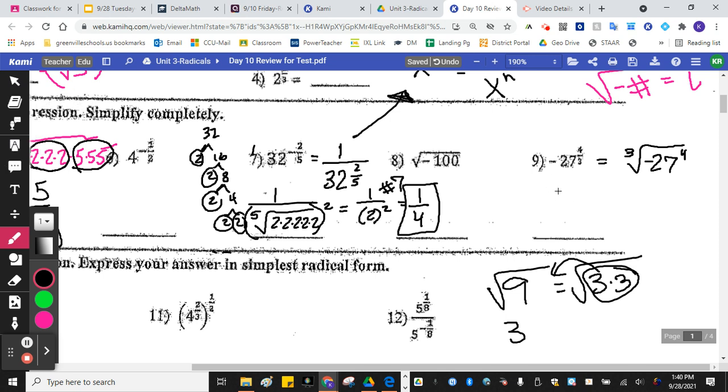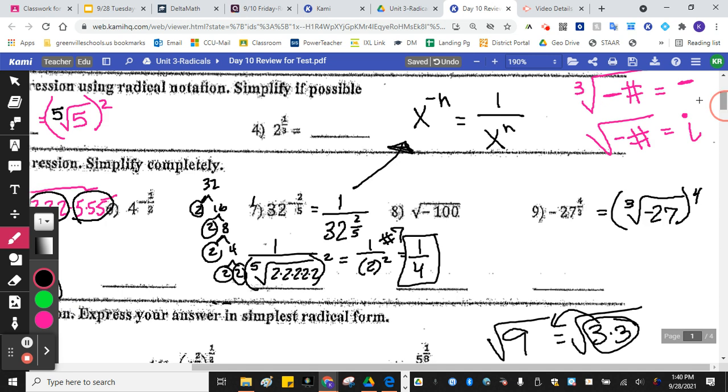In this case, it makes more sense to cube root it and then raise it to the 4th power. So I'm going to put it on the outside. Remember, right up here, a negative cube root is just going to be a negative answer. And 27 is 3 times 3 times 3.